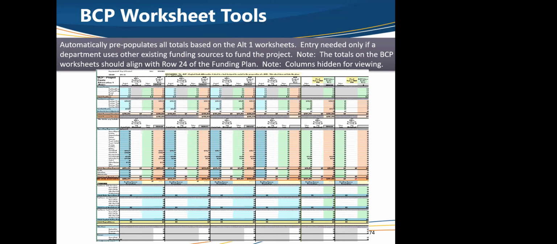I think there are times when a department is able to somehow delete a row or delete a cell, and that is when the links will break. Otherwise, they will not break if nothing's deleted and nothing is removed. As long as a row is not removed, or a column is not removed, or a cell is removed, the links will not break.